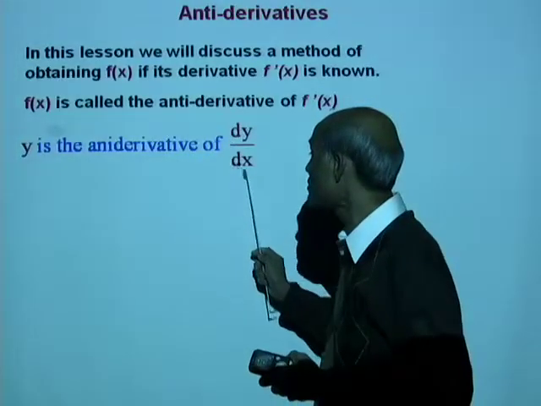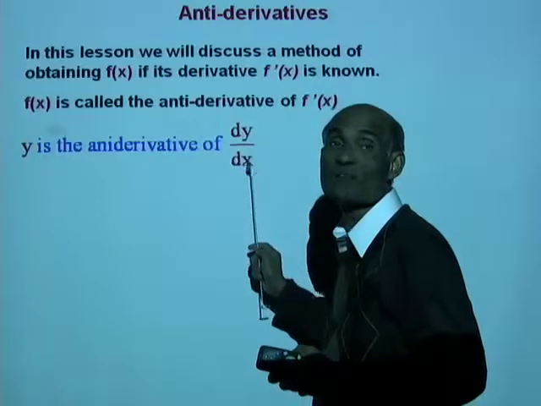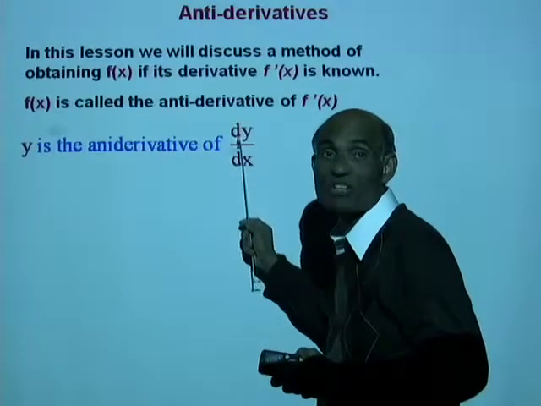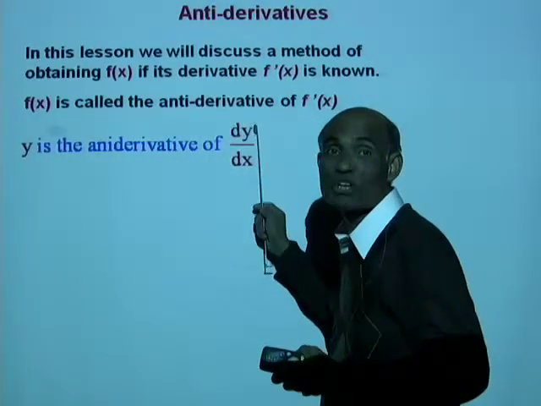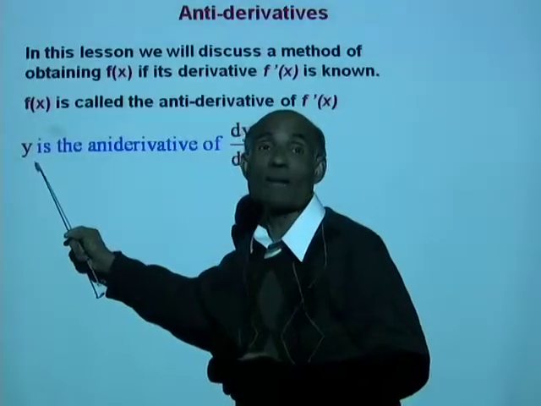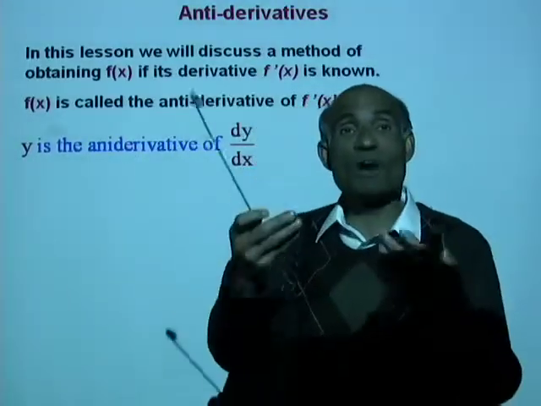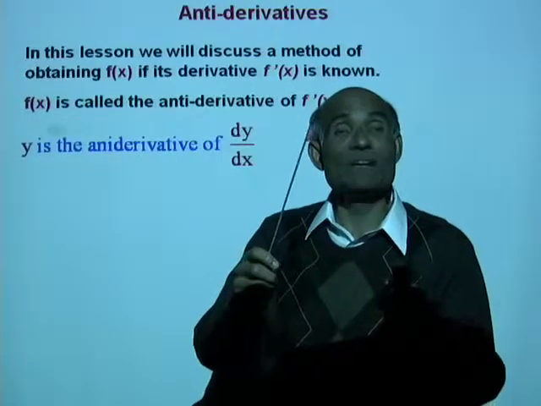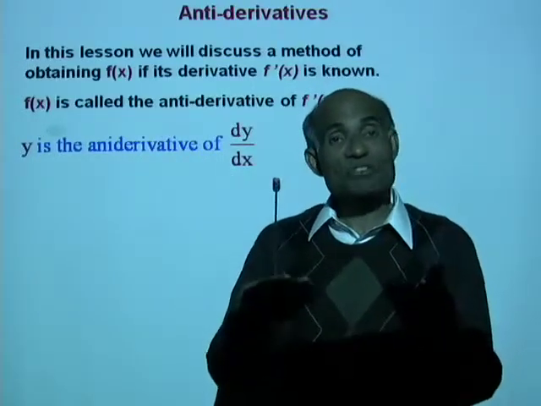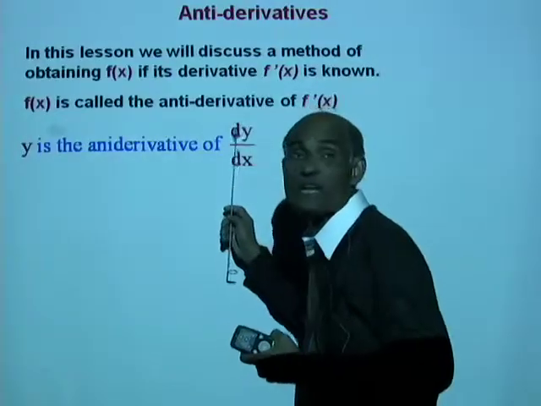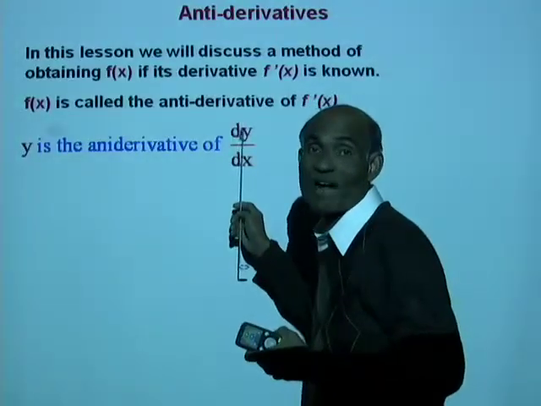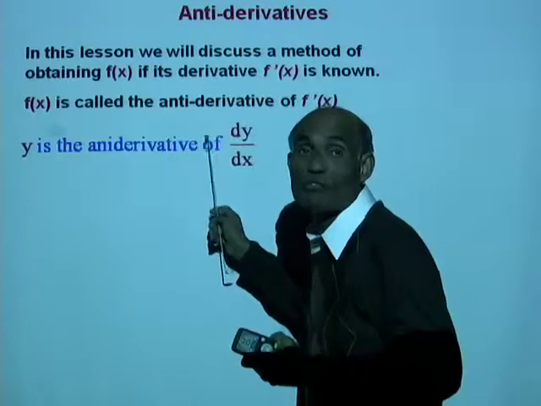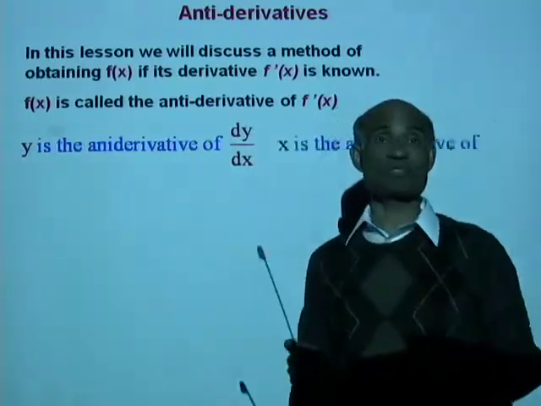So what is the antiderivative of dy by dx? The antiderivative of dy by dx is the function y. The antiderivative of dp by dt is the function p. In other words, the antiderivative is the dependent variable that can be solved from the given derivative function.